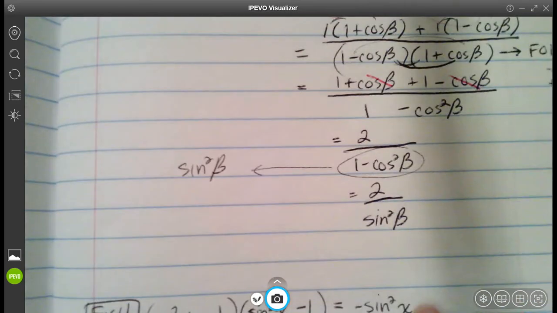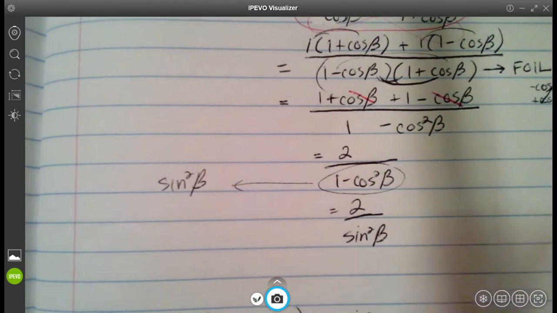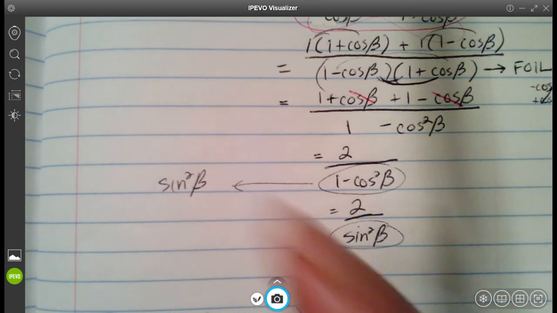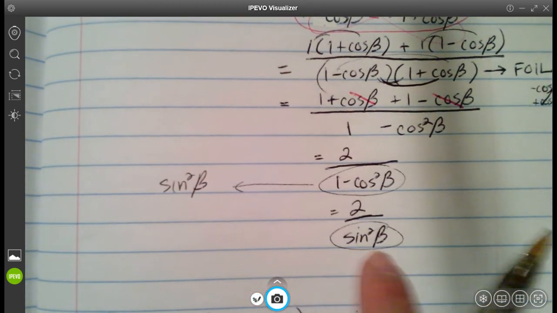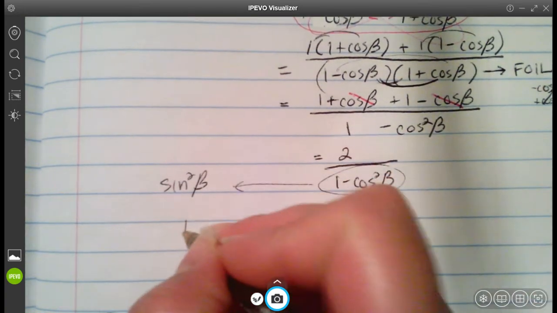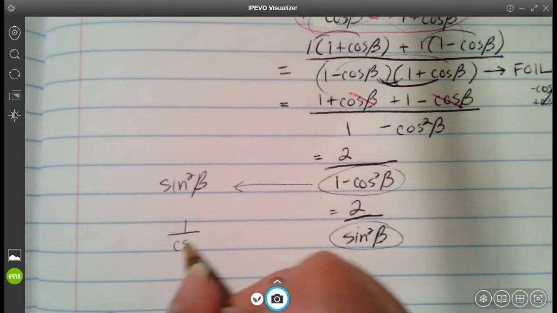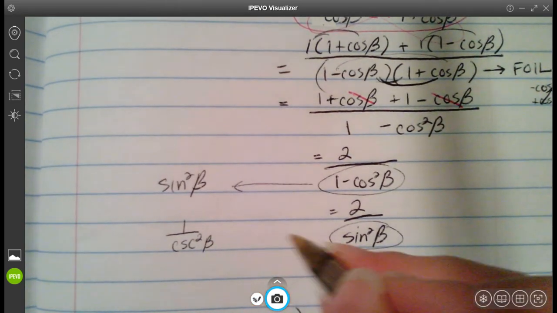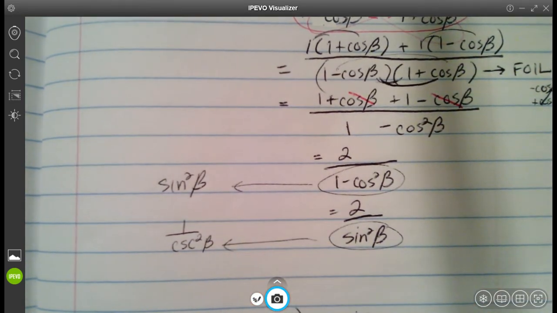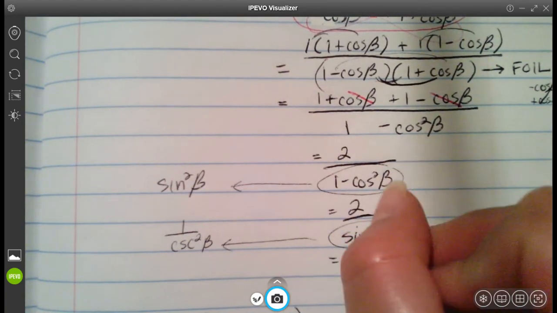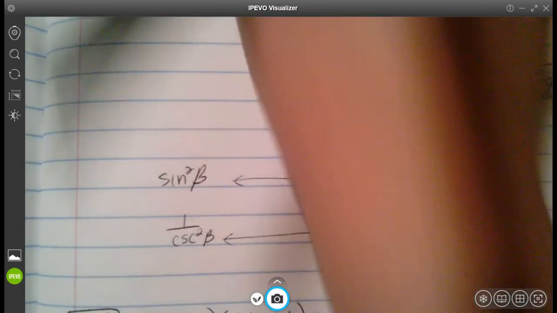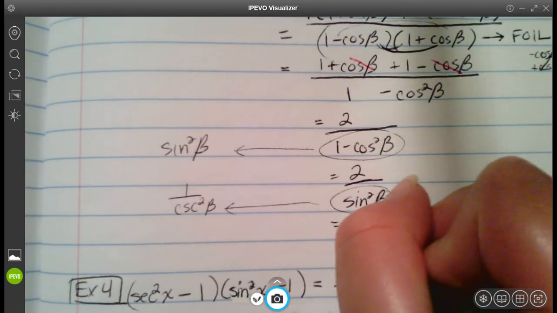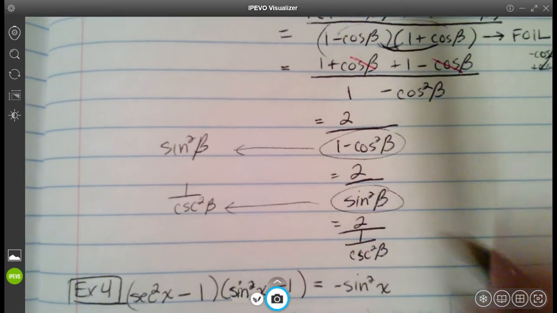And we're almost done. We also know that sine square of an angle is the same as our reciprocal function, 1 over cosecant square. That's one of our reciprocal identities. Okay, so this is equal to 2 over 1 over cosecant square beta.